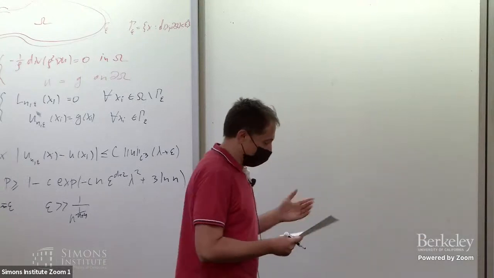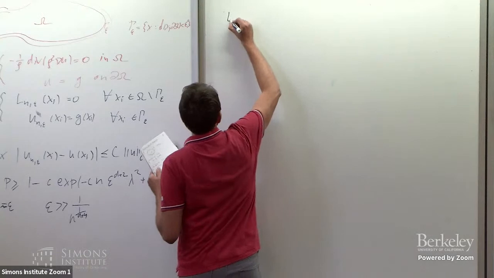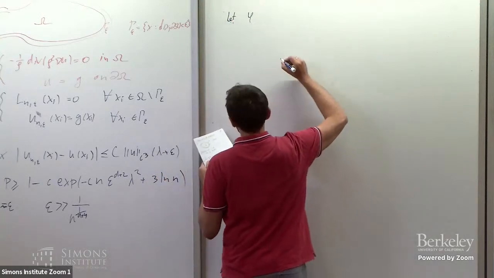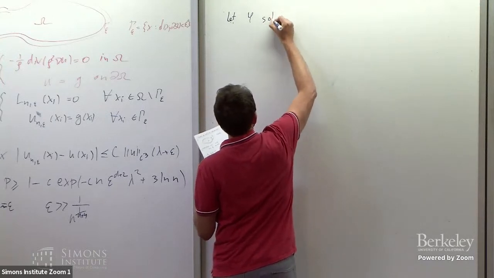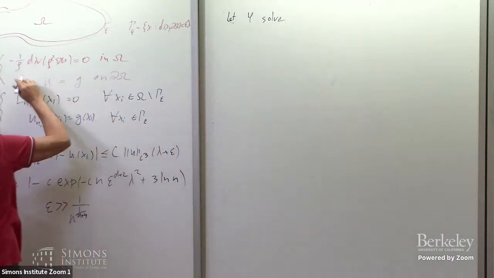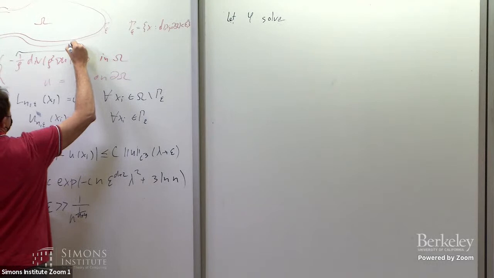Okay, so that's basically the whole recipe. And let's just carry it out. So let's say I need a barrier function. Let phi be the solution of the following. I call this operator delta rho.